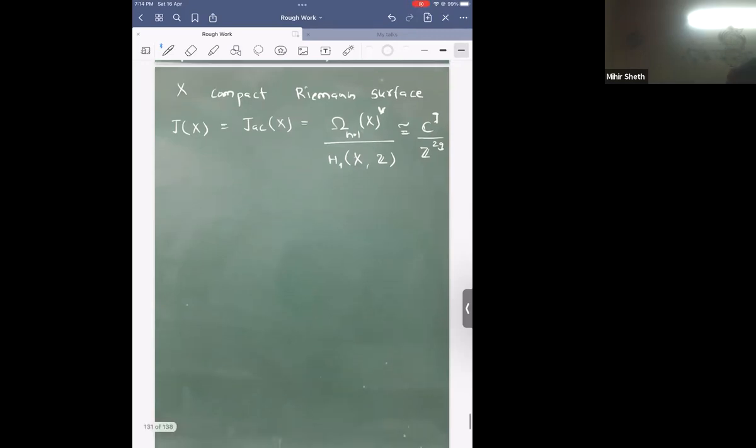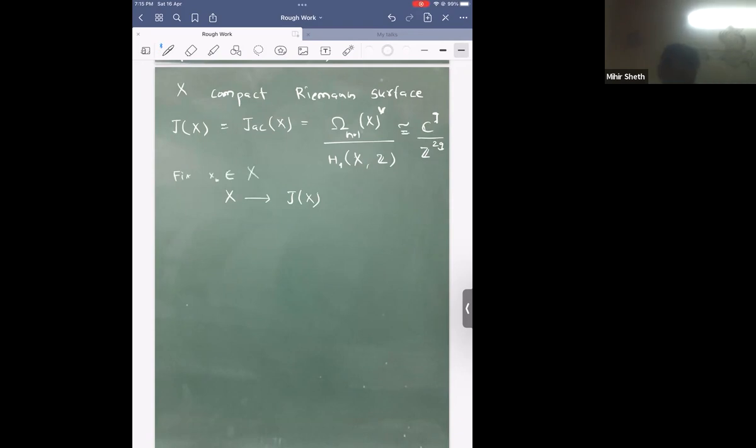So there is a natural map from X to J_X, after you fix some base point of X, let's say x0.